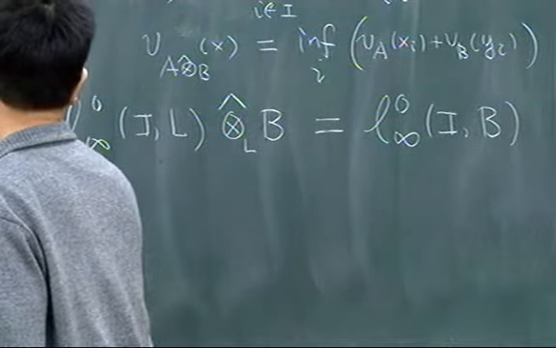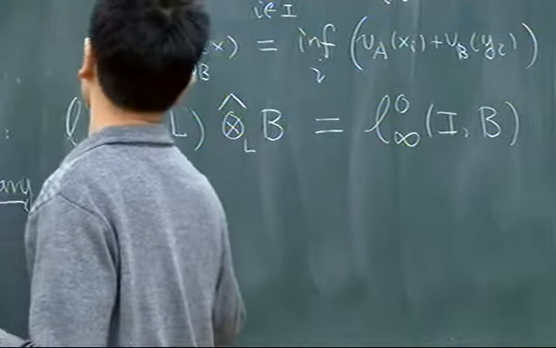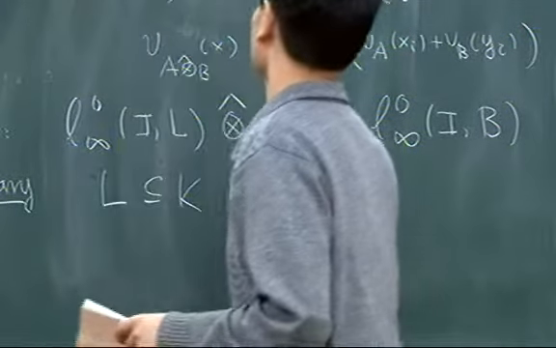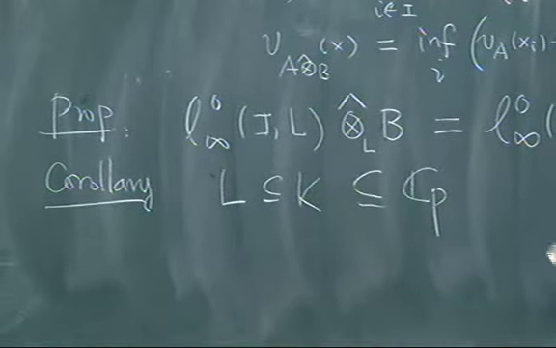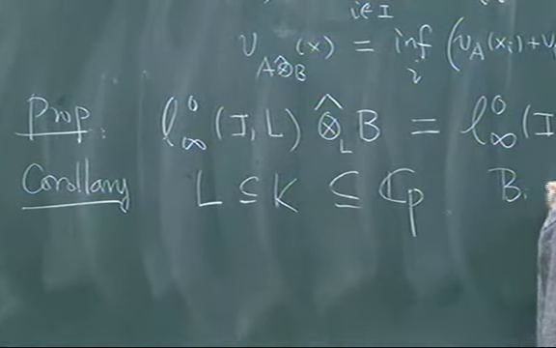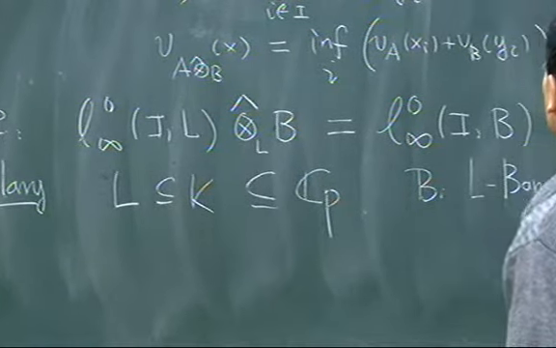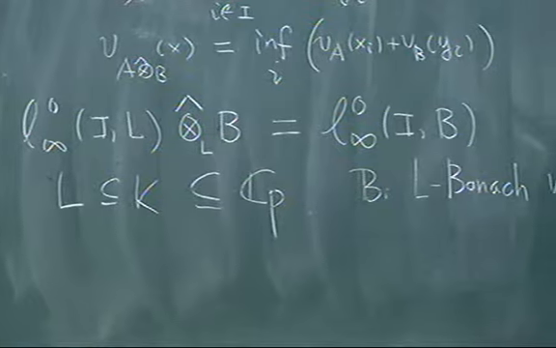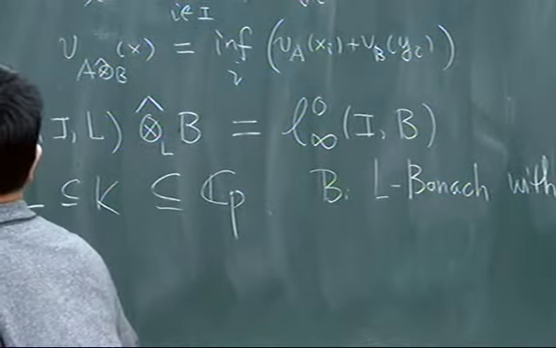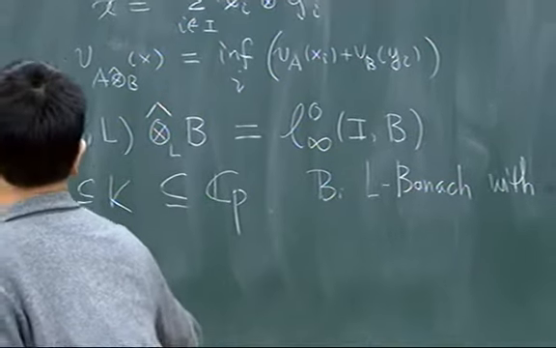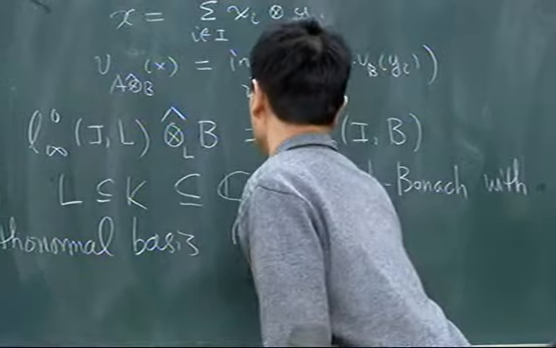So a corollary of this: say we have L contained in K, in C_p for example, and B is an L-Banach space with orthonormal basis, say e_i.